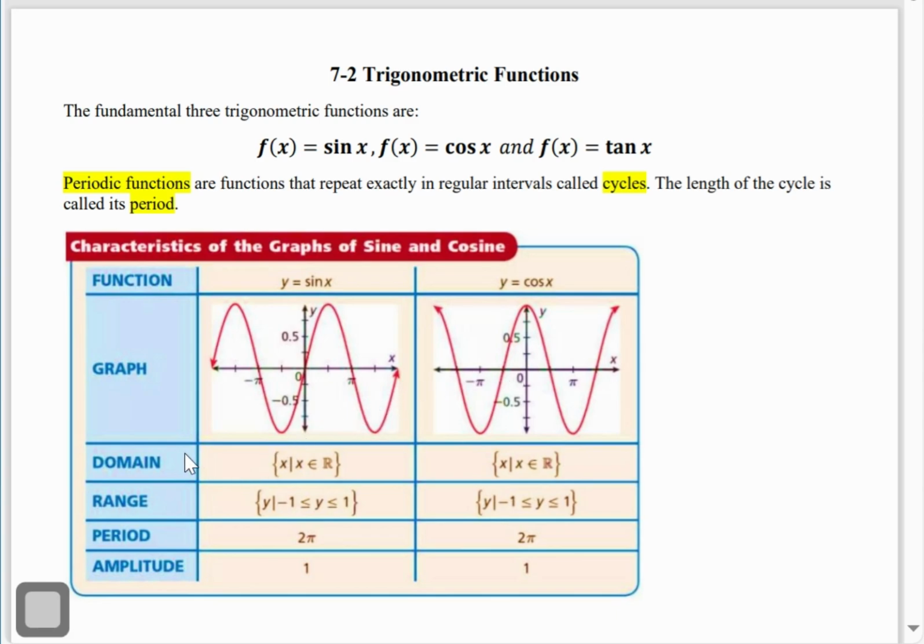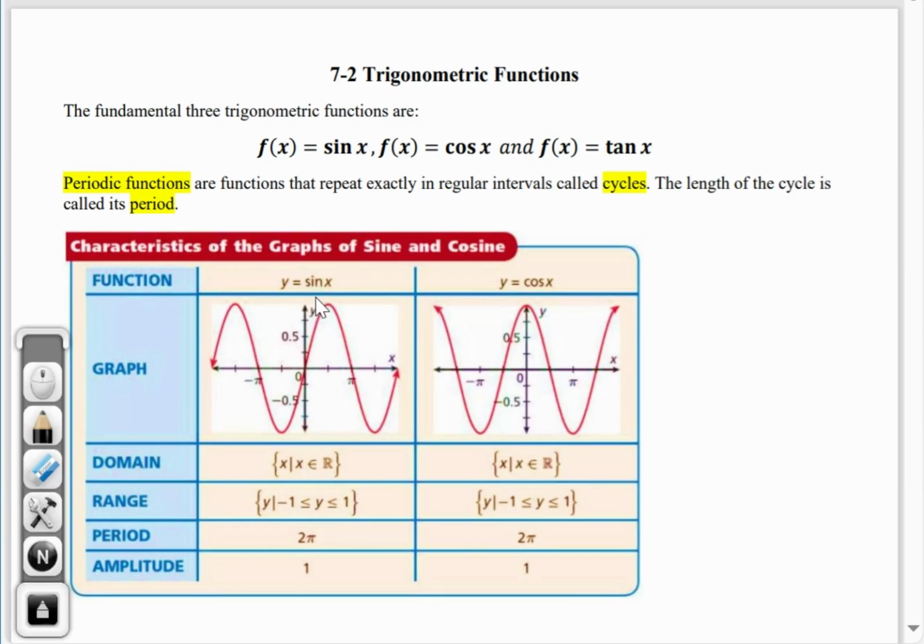The domain for both of them is the set of all real numbers. And the range for both of them will change according to amplitude, because here we have a number which is the amplitude.